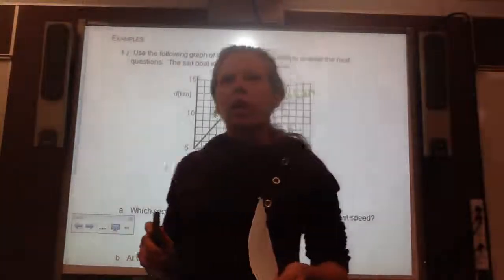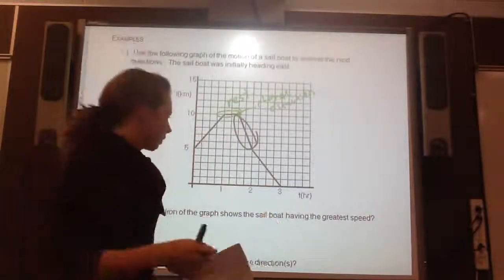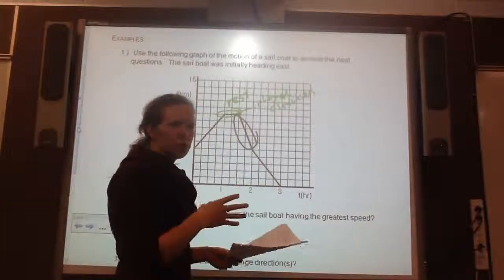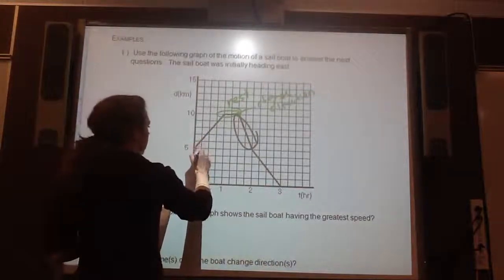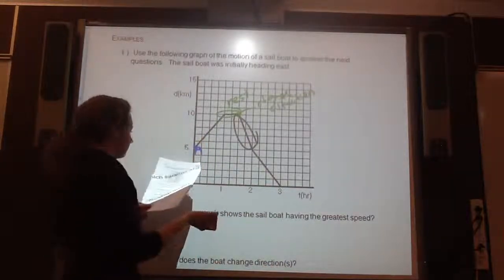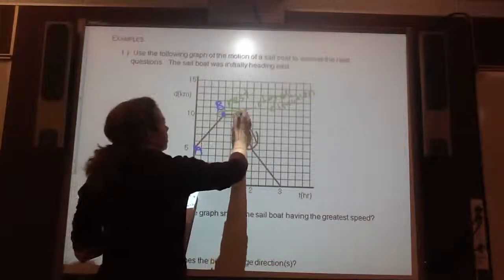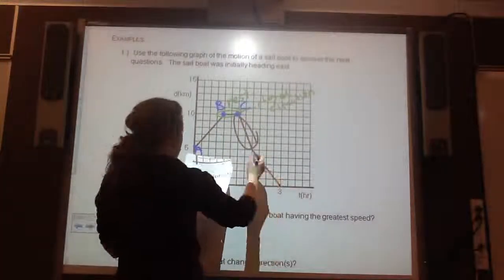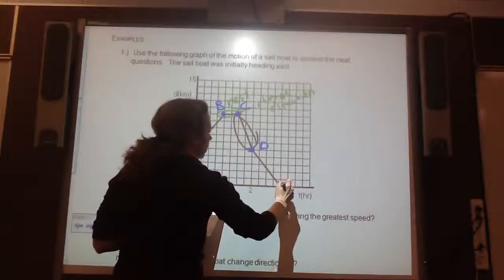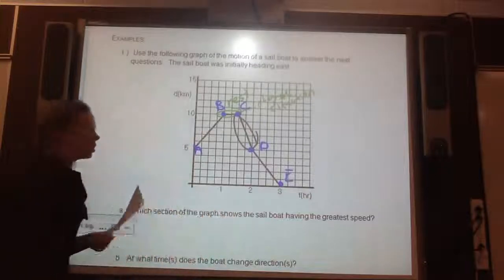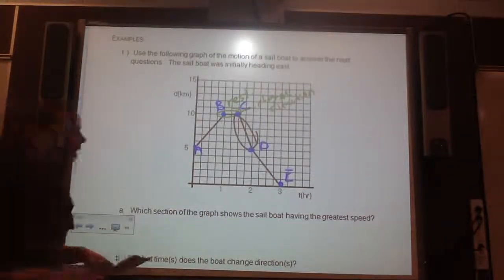Let's label our graph so that we can clearly communicate it. Either you can use just the numbers, but let's put A, B, C, D, etc. Let's mark this point right here as A. This point here is B. This point as C. This point as D, kind of where it kinks there. And the end is E. Just so that we can communicate what's going on here a little bit better.